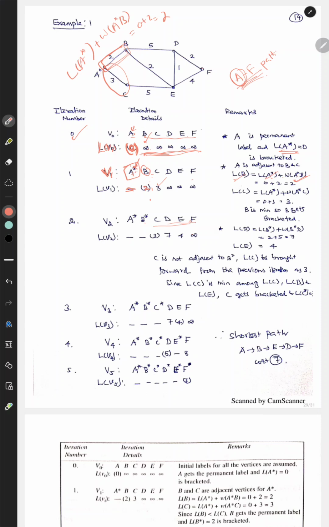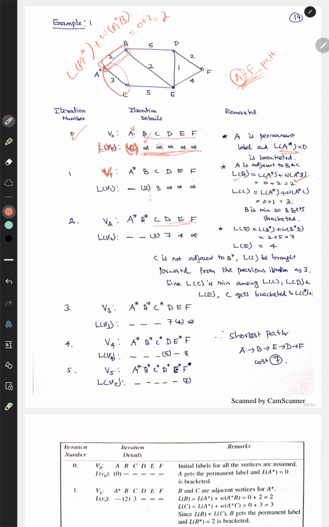Now for D, A is not adjacent to D, therefore we get infinity as the label out of this procedure, and the previous label was also infinity, so D will be infinity itself. A is not adjacent to D, E or F, therefore their labels don't change. They stay infinity. Okay, so the only changed labels are these.